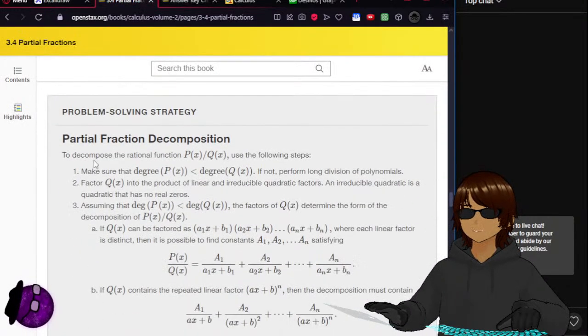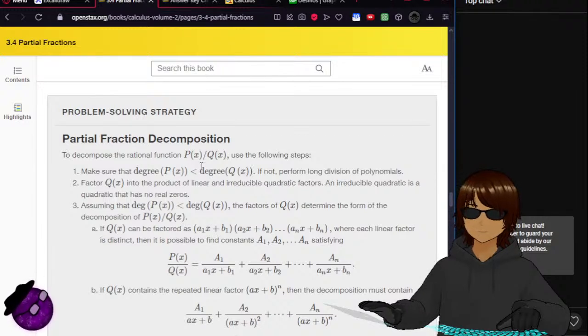The general method to decompose the rational function p over q, use the following steps. Make sure the degree of p is less than the degree of q. If not, perform long division of polynomials.